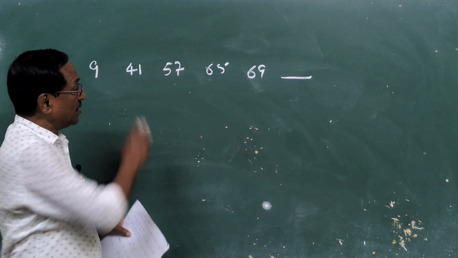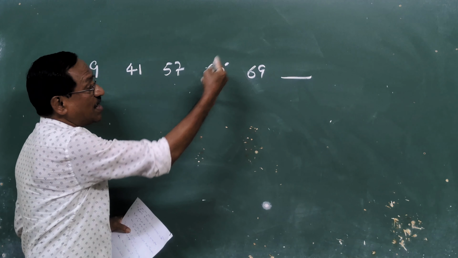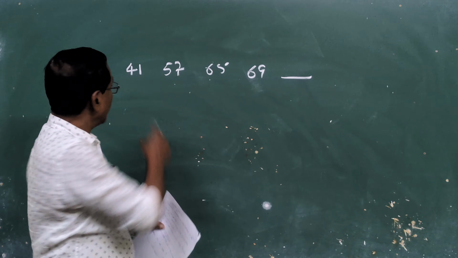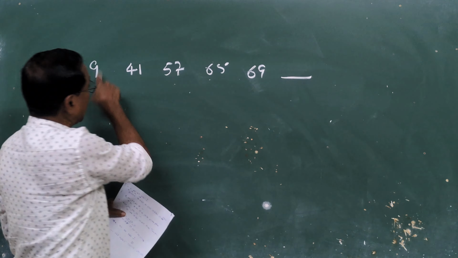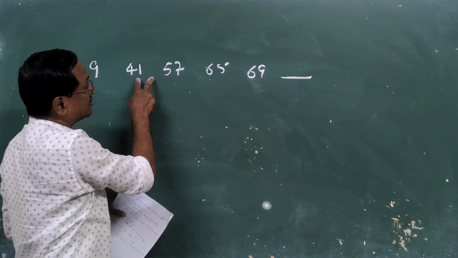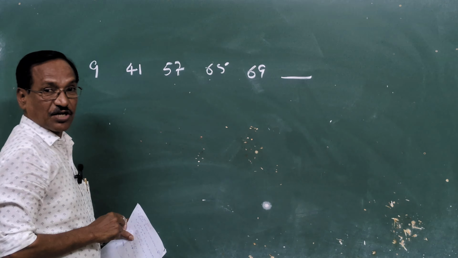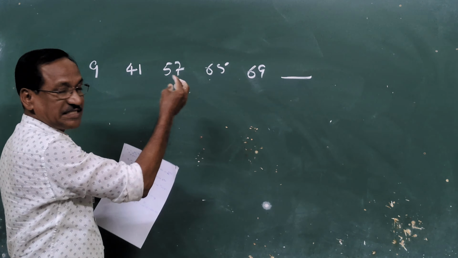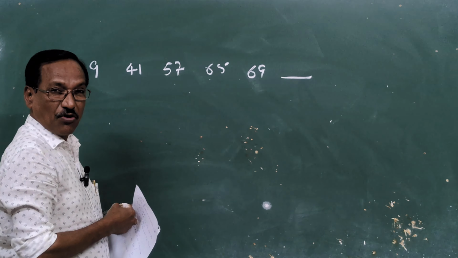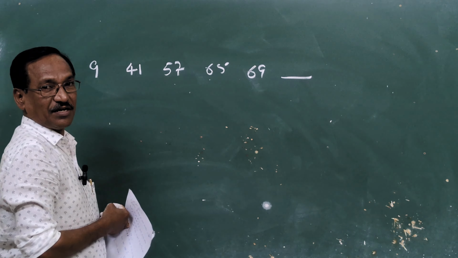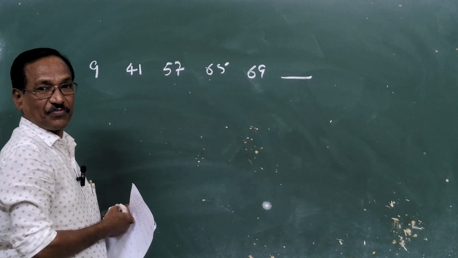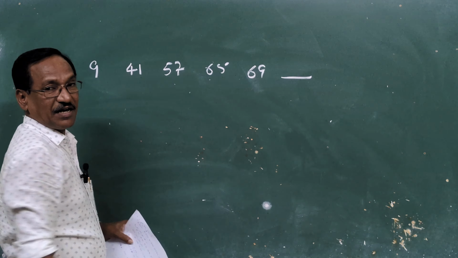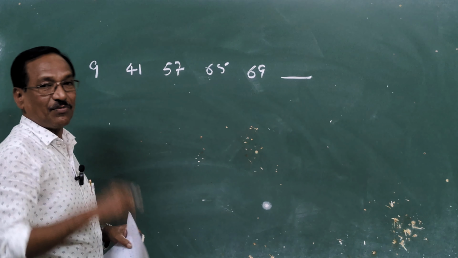The numbers are not becoming larger very quickly. Of course from 9 it became 41, but that trend is not continuing for the remaining terms. The numbers are increasing very slowly. So we may assume that this is an addition pattern, not a multiplication pattern.